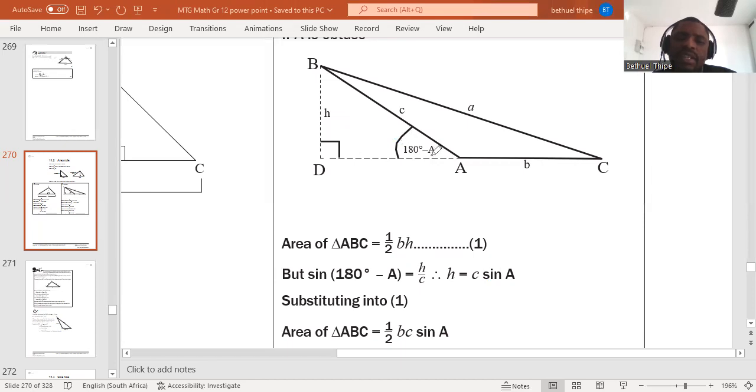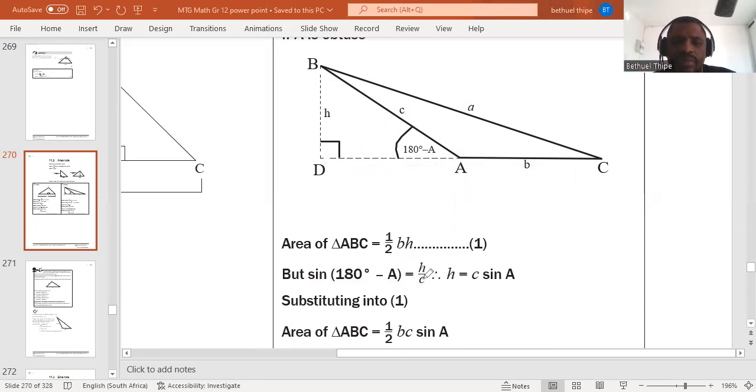We see the sine of 180 degrees minus A is equal to the opposite, which is H, all over hypotenuse, which is C. That is why here we have the sine of 180 degrees minus A, which is H over C. And we know that 180 minus A lies on the second quadrant. If I partition this thing like this, you can see that this angle here is in the second quadrant.